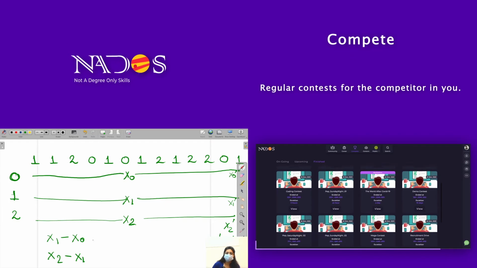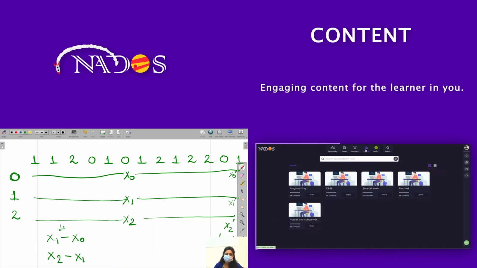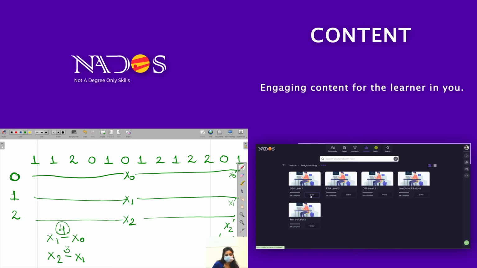So what would be the difference? Let's suppose the first difference is 4 and the second difference is 3.